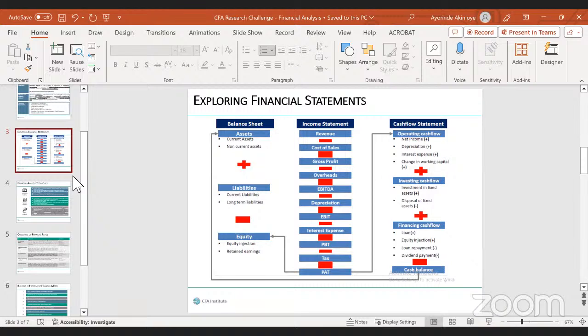We use operating profit, or earnings before interest and tax, in this slide here. Why? Because operating profit is attributable to both debt holders and equity holders. So that is what we use.